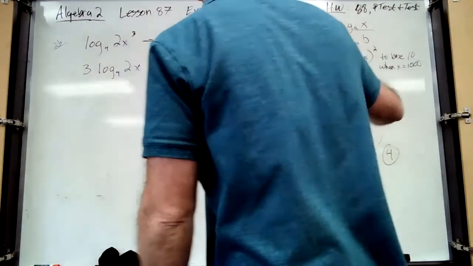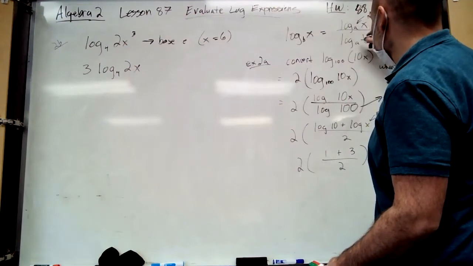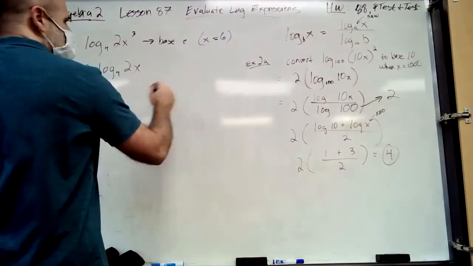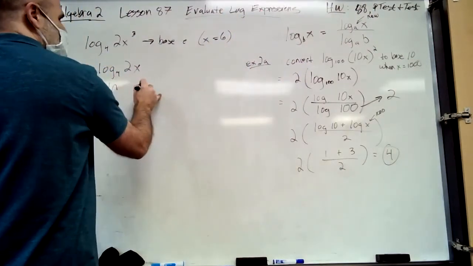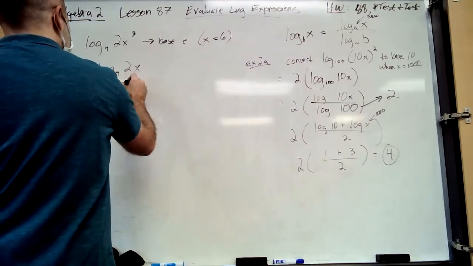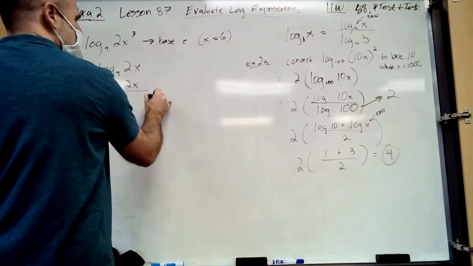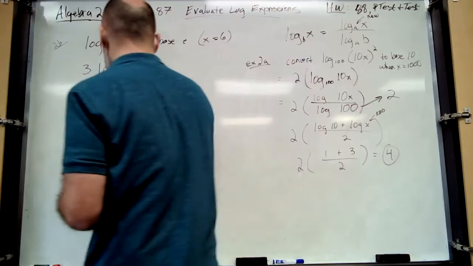Remember, this is the new base. This is the old base. So we're going to say basically 3 times natural log of 2x all over natural log of 4.